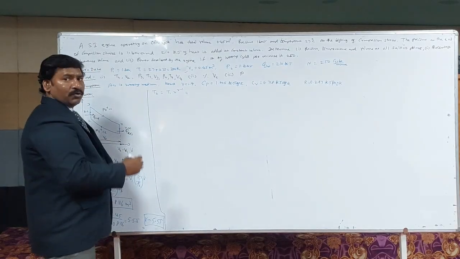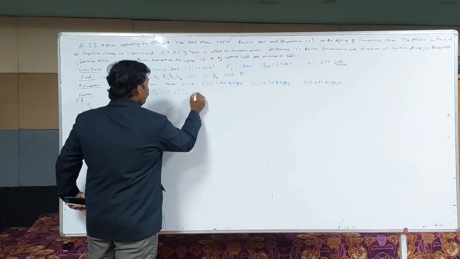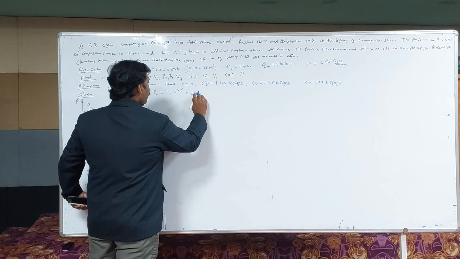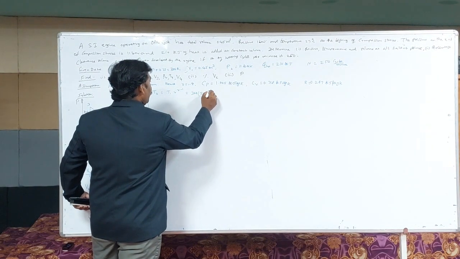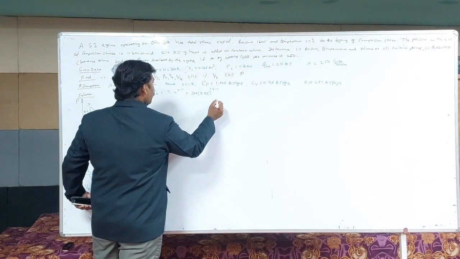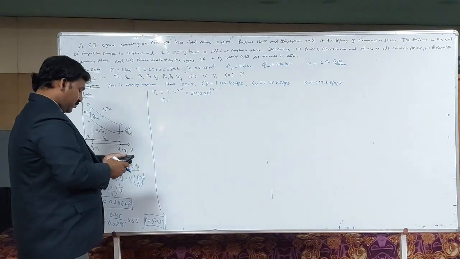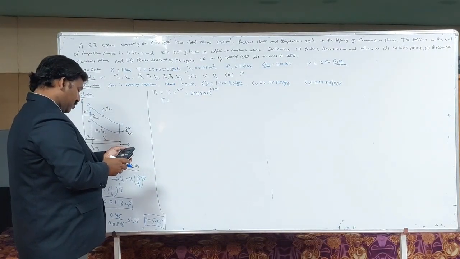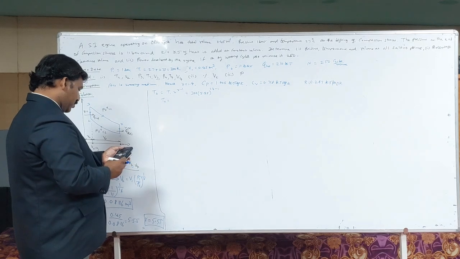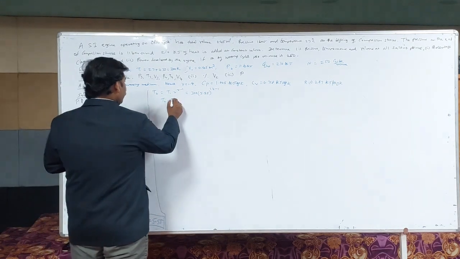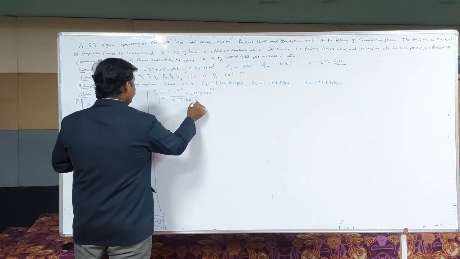T1 is the known value given in the problem, 37 degrees Celsius, which means 300 Kelvin, and R is 5.55, power gamma 1.4 minus 1. So I get T2 is equal to 300 into 5.55 power 0.4, which is 595.44 Kelvin. So this is T2.